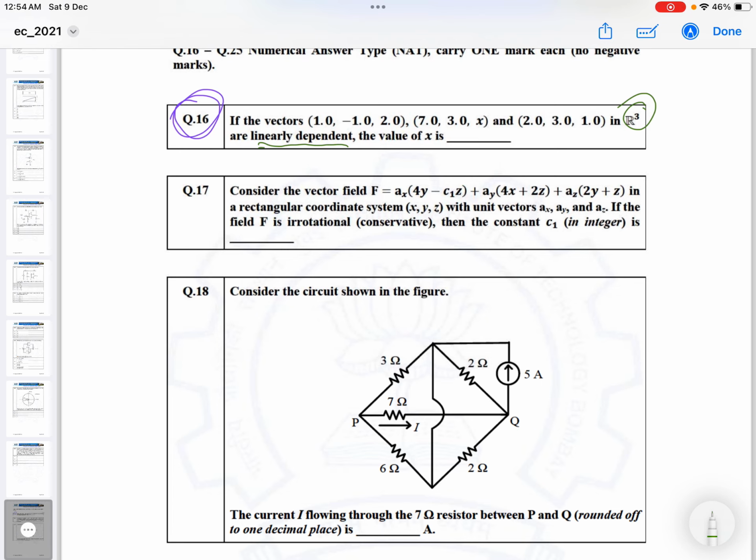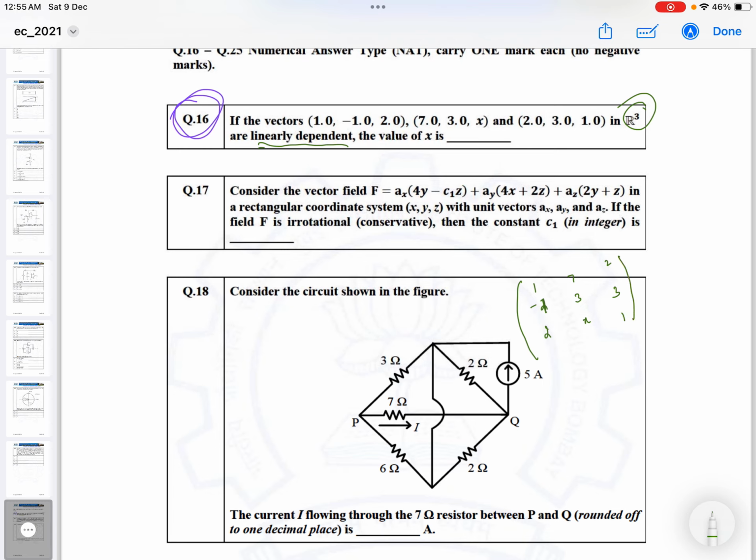Also, we can say that all of these will be in the same subspace, right? So these will form a singular matrix, and that singular matrix will have zero determinant. So you can easily form a matrix like this: 1, minus 1, 2 and 7, 3, x, 2, 3, 1.